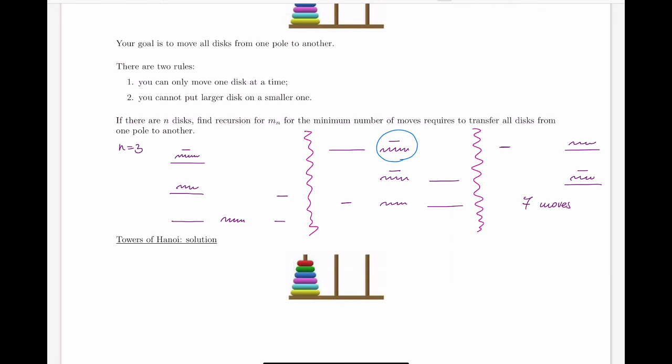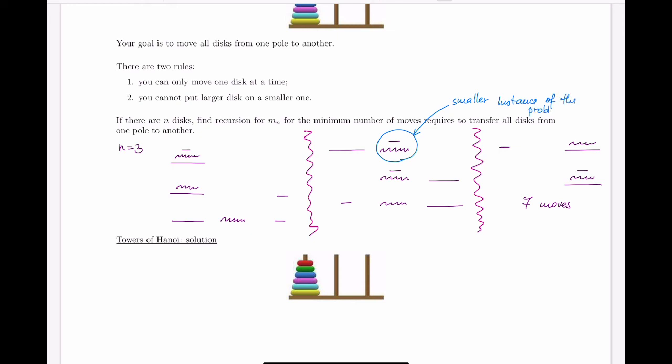And the reason to notice this is because this is exactly the same problem, but with 2 disks. I have 2 disks of different sizes stacked on top of each other, and I want to move them onto a different pole, right? So this is the exact same problem, but smaller. So this is a smaller instance of my problem.